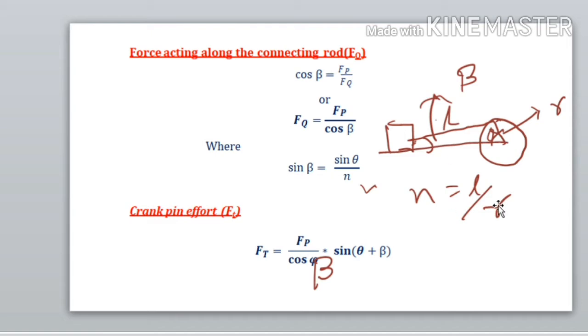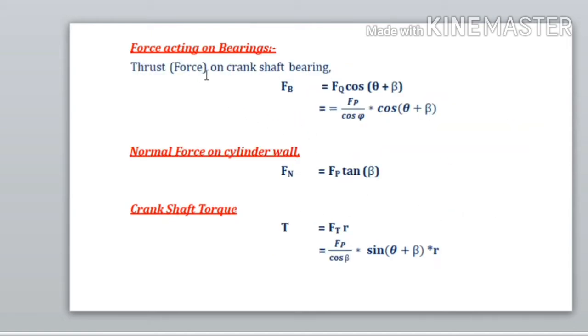Okay, now come to the next part. Force acting on the bearing Fb equal to Fq into cos theta plus beta, and we know that Fq equal to Fp upon cos beta. It's a beta, not Q, cos theta plus beta.